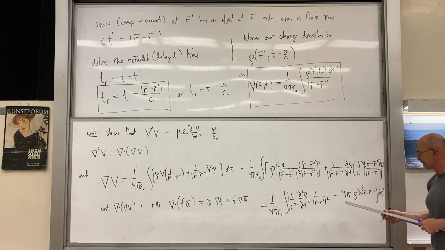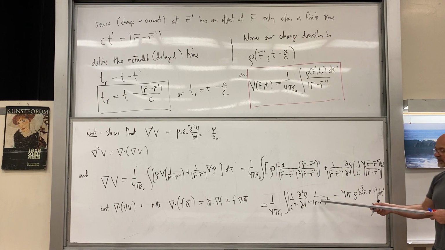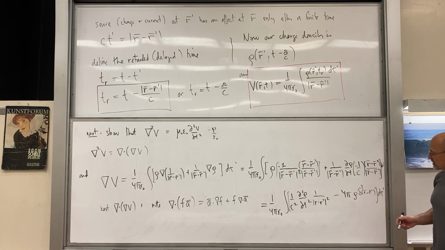Okay. 4 pi r squared. Should cancel that. Yeah, this must have been the correct power. Okay. So here's what we're going to get.